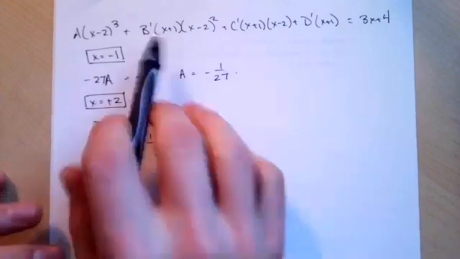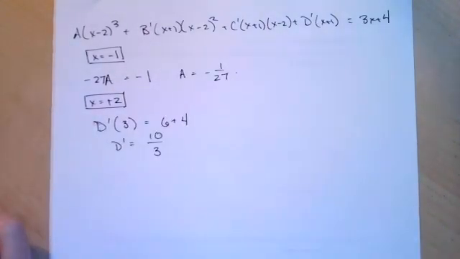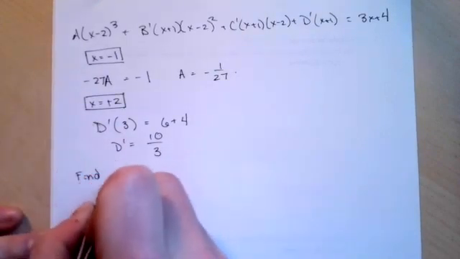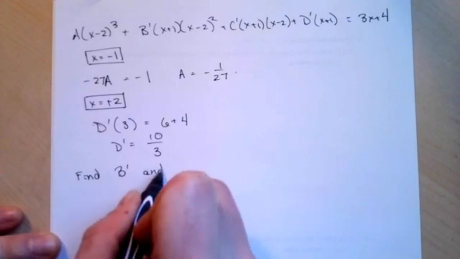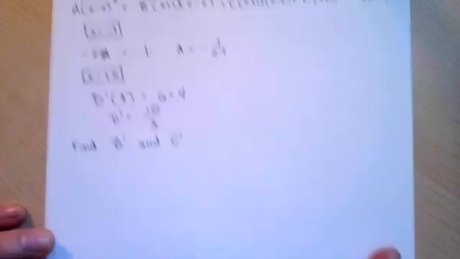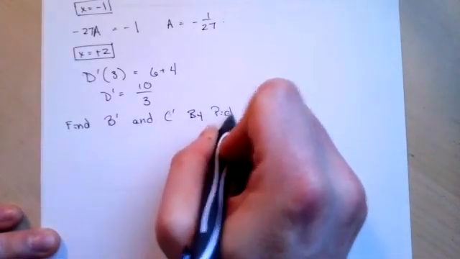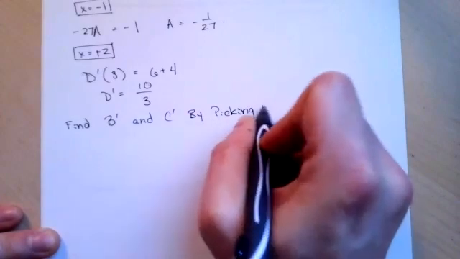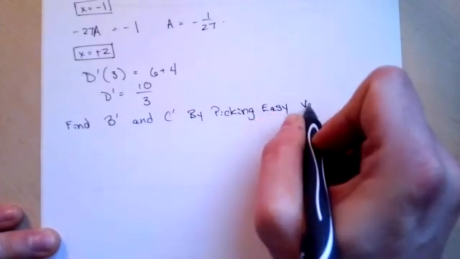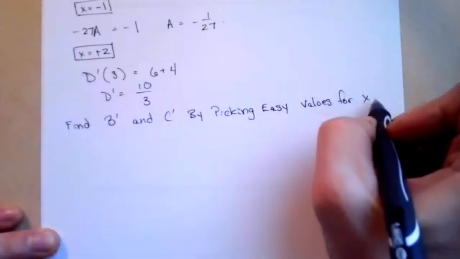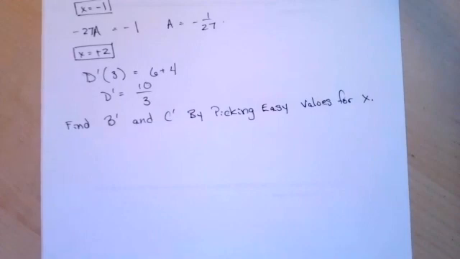And then now, how do we find B prime and C prime? So again, we would want to pick easy values for x that we can compute.